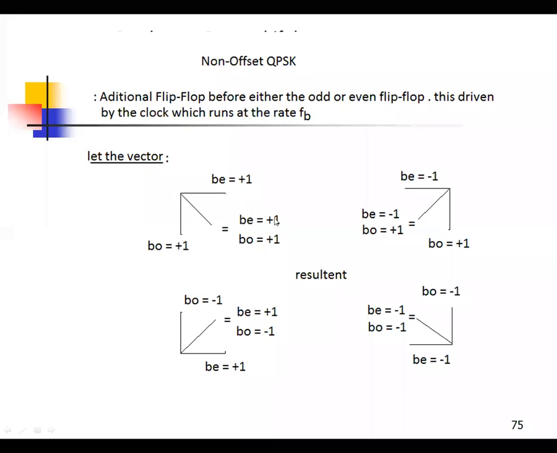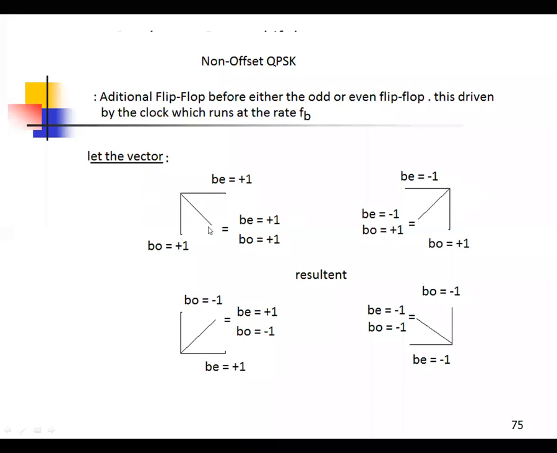Now the resultant is plus plus. BE is +1, so the opposite, the negative side, is -1. The x-axis negative direction is minus, and the y-axis positive direction is plus. So that is -1, +1.